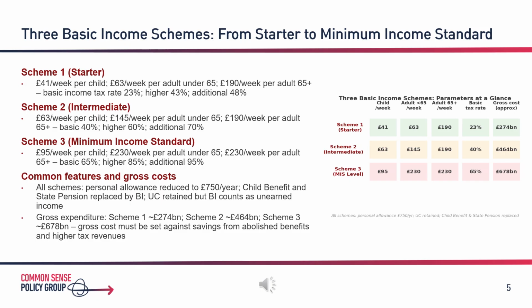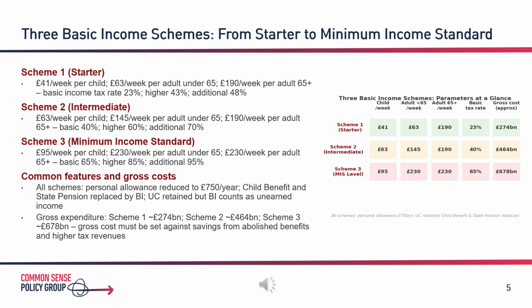The income tax rates required, 23% basic, 43% higher, 48% additional, represent increases of 3 percentage points across all bands from current levels, combined with the near abolition of the personal allowance. This combination is progressive. High earners pay more, but receive the same basic income payment as everyone else.